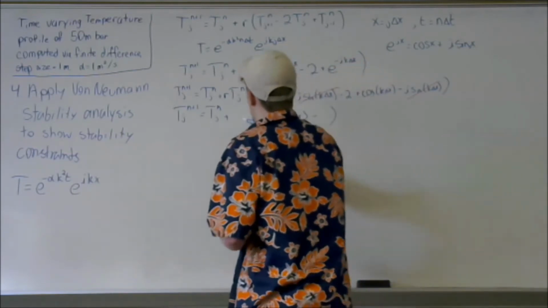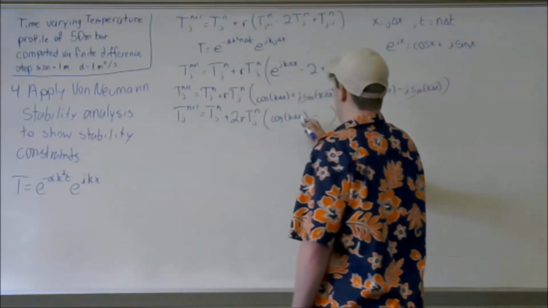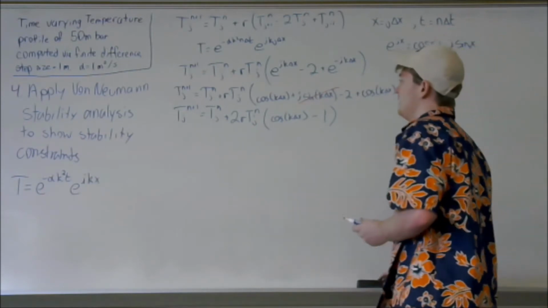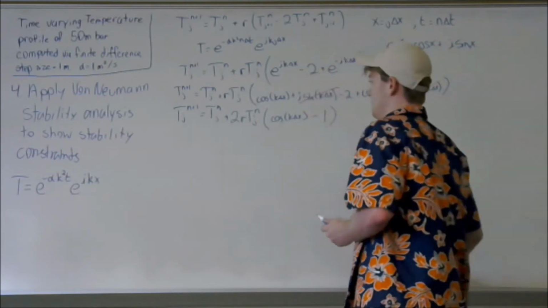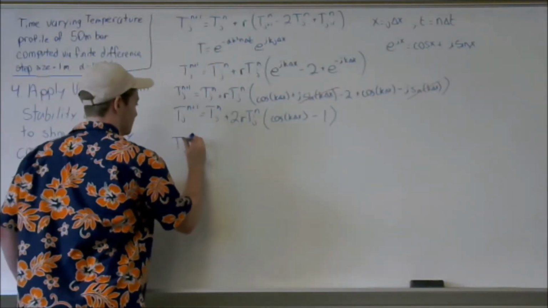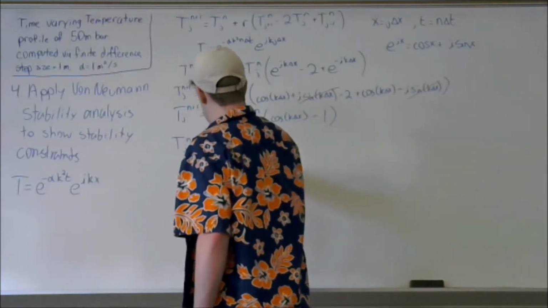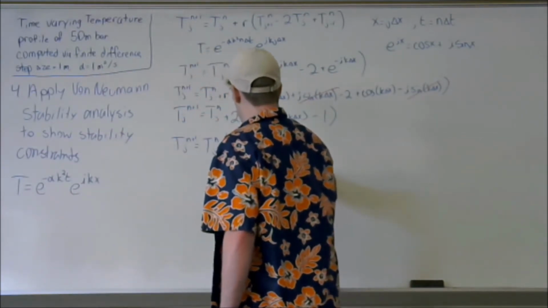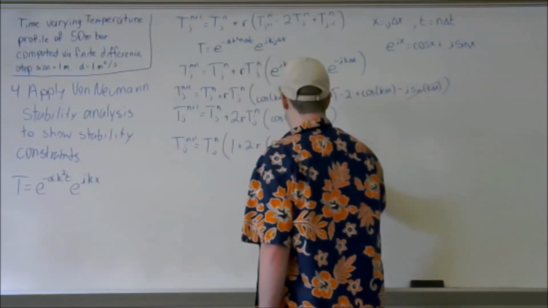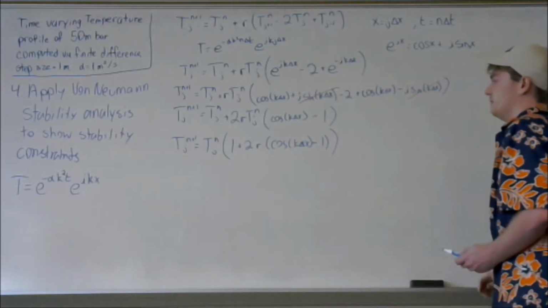We have 2r T_j^n times cosine of k delta x minus 1. And then finally, let's factor out a T_j^n. So T_j^(n+1) is going to equal T_j^n times 1 plus 2r cosine of k delta x minus 1, just like that.